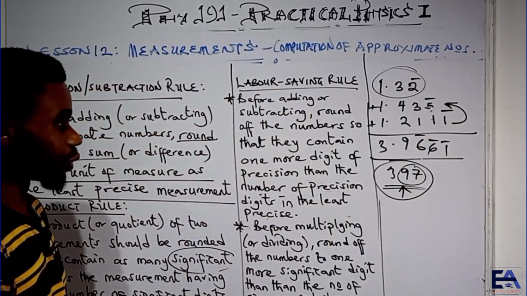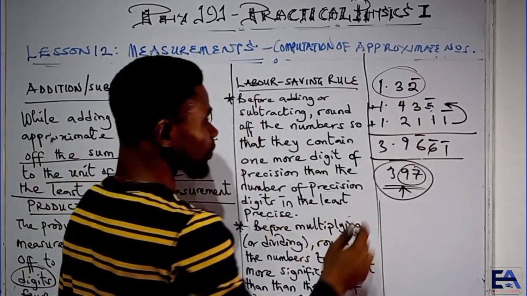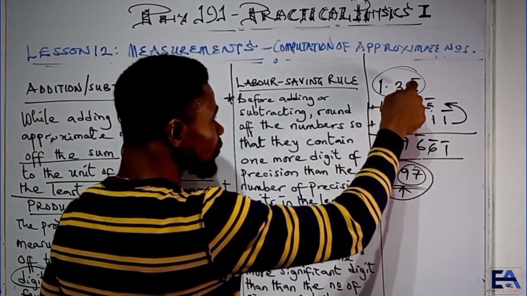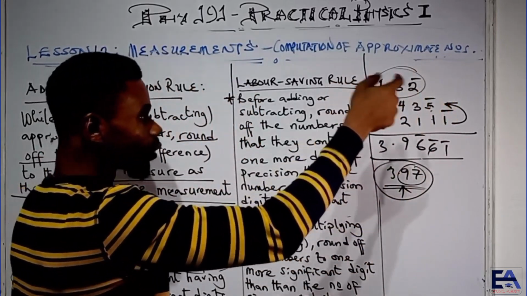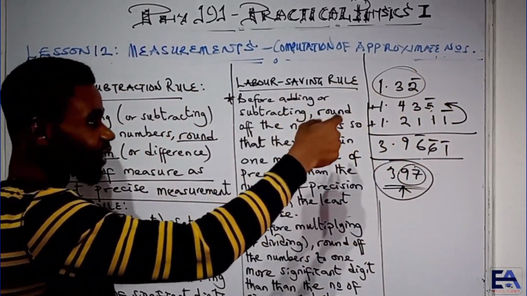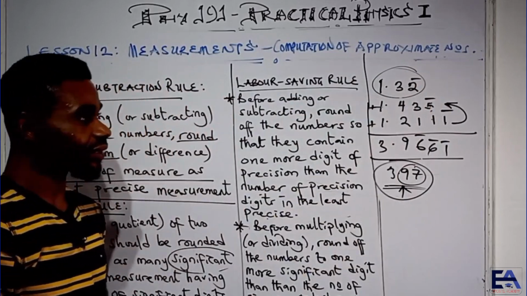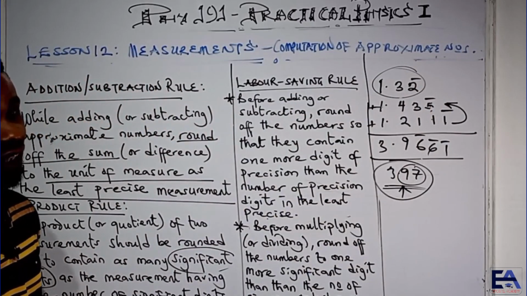What I'm going to do is that to add this one to this one first, I will round off this one to have one more digit, or one more significant digit than the least precise measurement has.